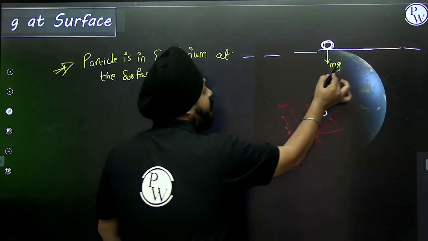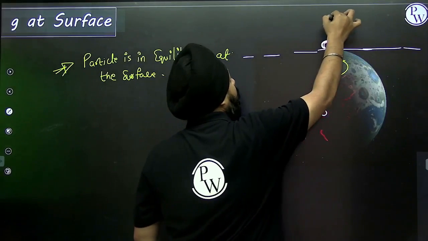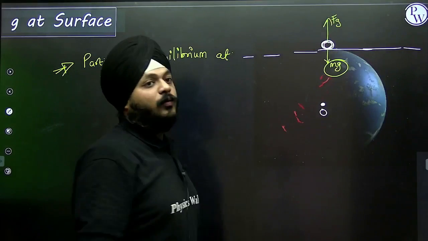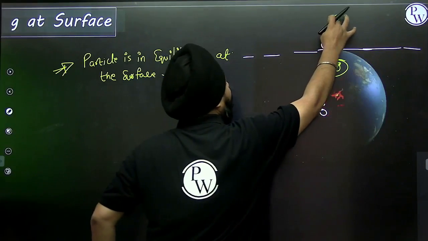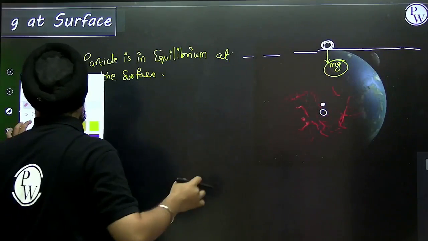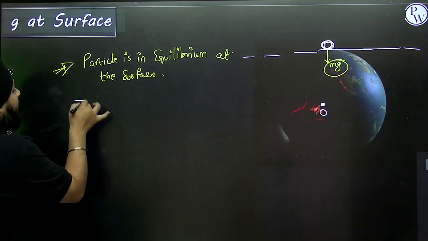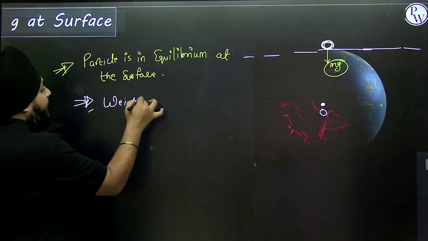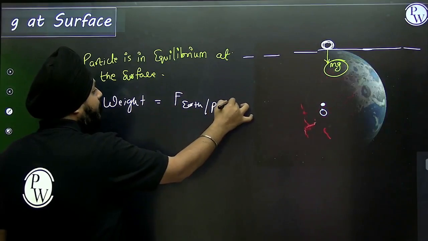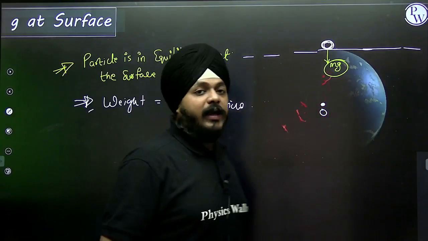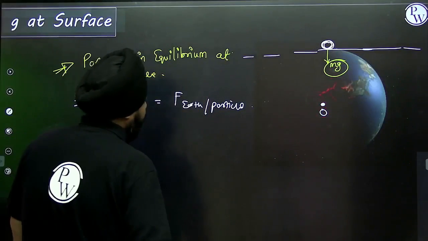It means its weight is balanced by some force, that is the gravitational force. If the particle is in equilibrium, its weight is balanced by the gravitational force acting between the earth and that particle.